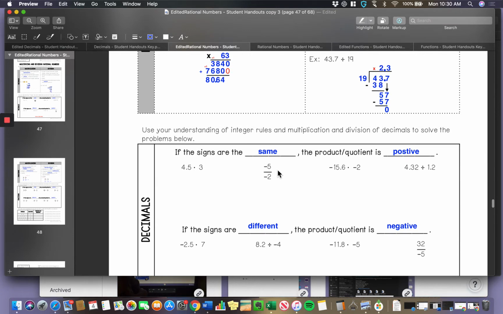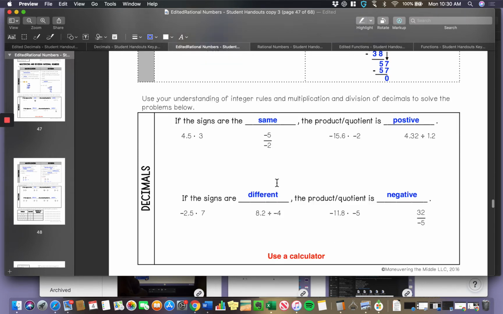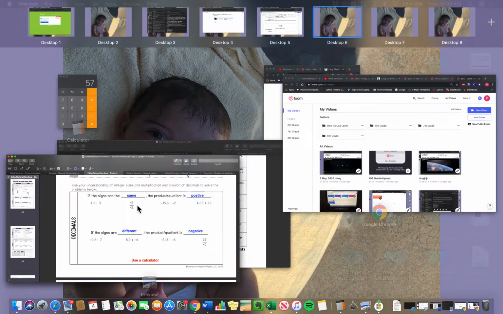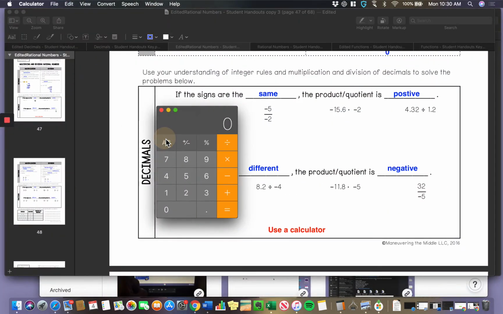All right. So then if you have, for example, -5 divided by -2, you guys are entitled to calculators, so I do suggest using a calculator. So for example, if I have -5 divided by -2, I'm going to get positive 2.5.